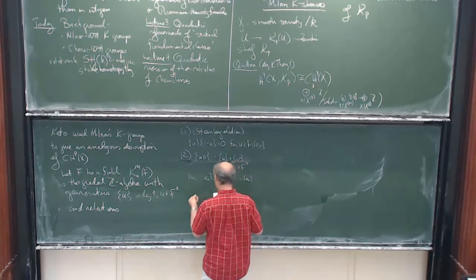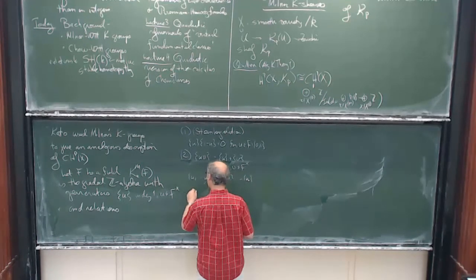Okay, now we want to make this into a sheaf, so you need some kind of boundary map.